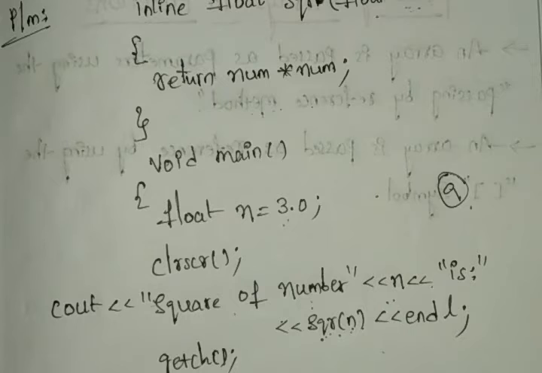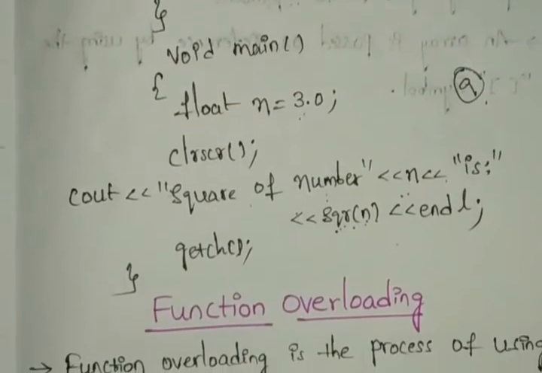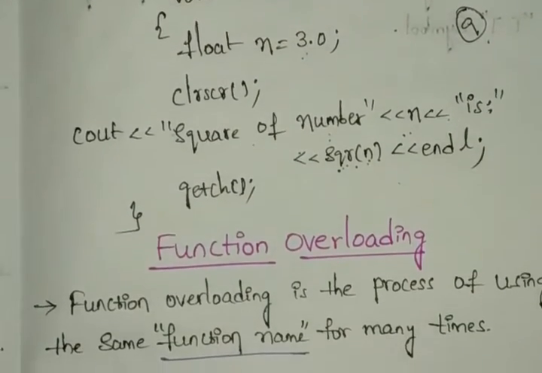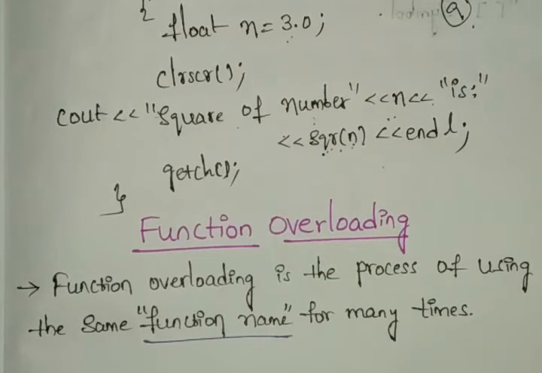Next we have function overloading, or else we can call it overloading functions. Function overloading is a process of using the same function name many times. Normally we take different function names.